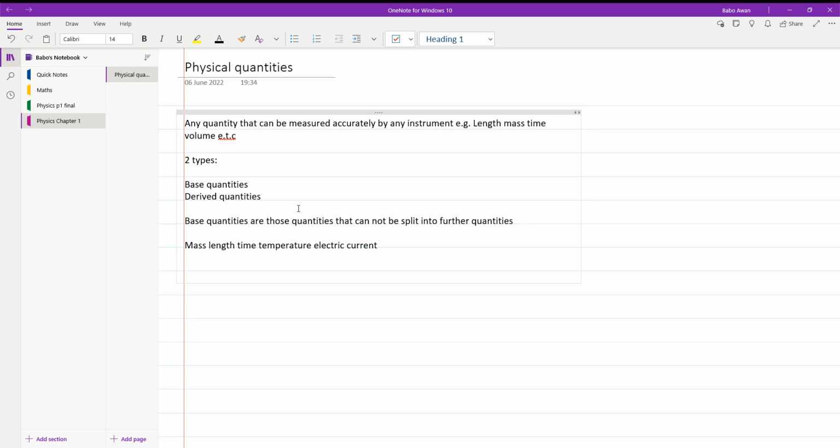Moving on to the derived quantities. Now, what are derived quantities? Derived quantities are those quantities that are derived from base quantities. Now, what does that mean?